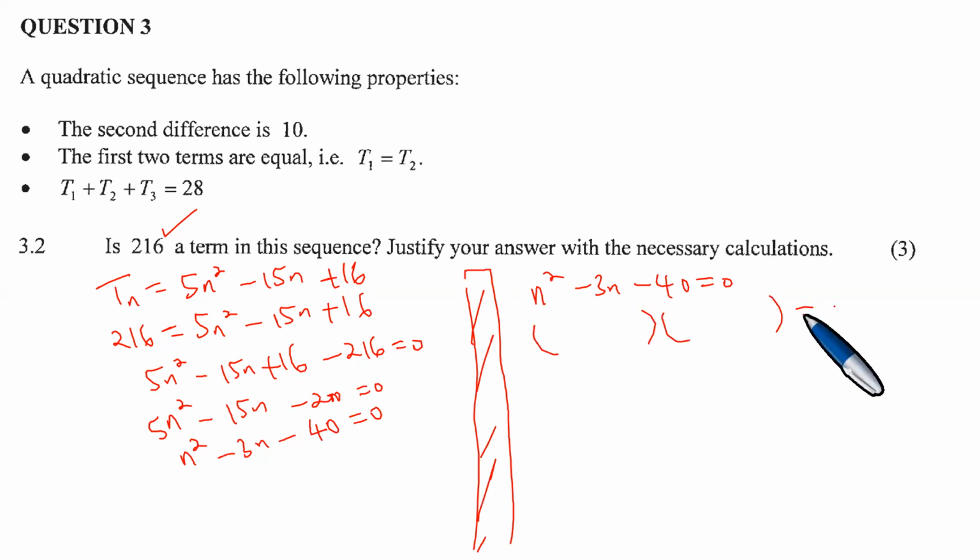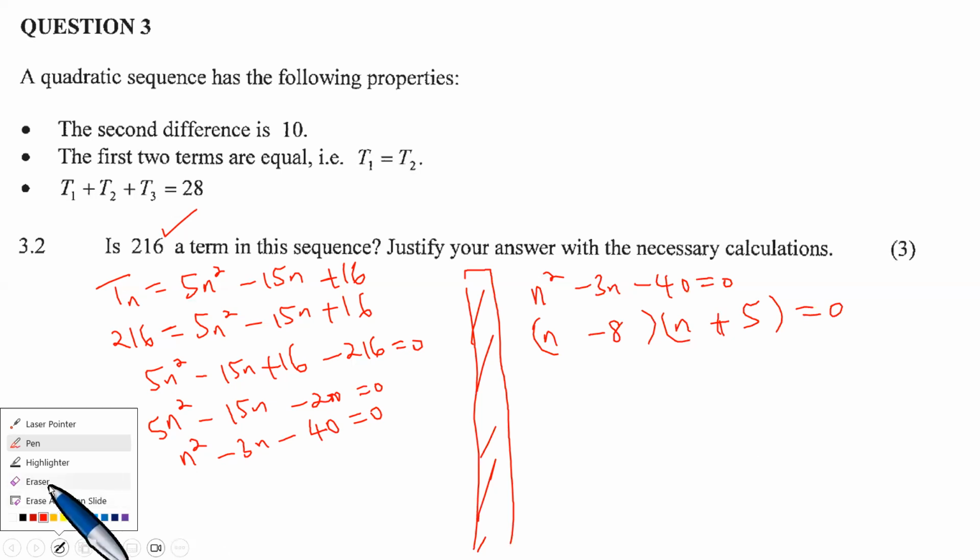So we have this equals 0. What are the factors of n squared? n and n. So the factors of minus 40 that give us minus 3 must add up to minus 3, and they do. The two numbers, minus 8 and plus 5, add up to that.